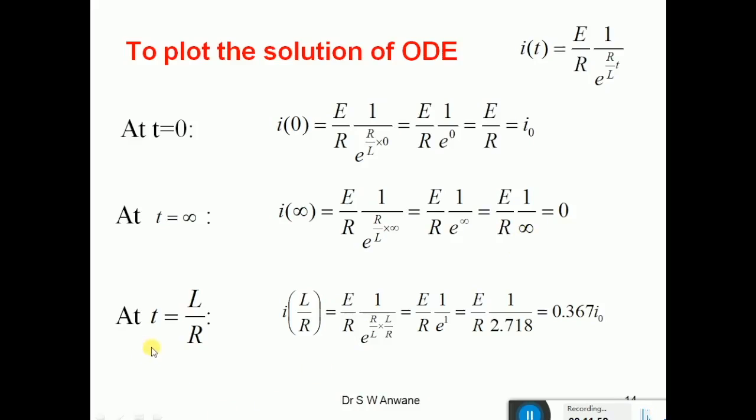Now the most important case, t equal to L by R. So this will make E upon R times 1 upon 2.718, that is 0.367 I0.